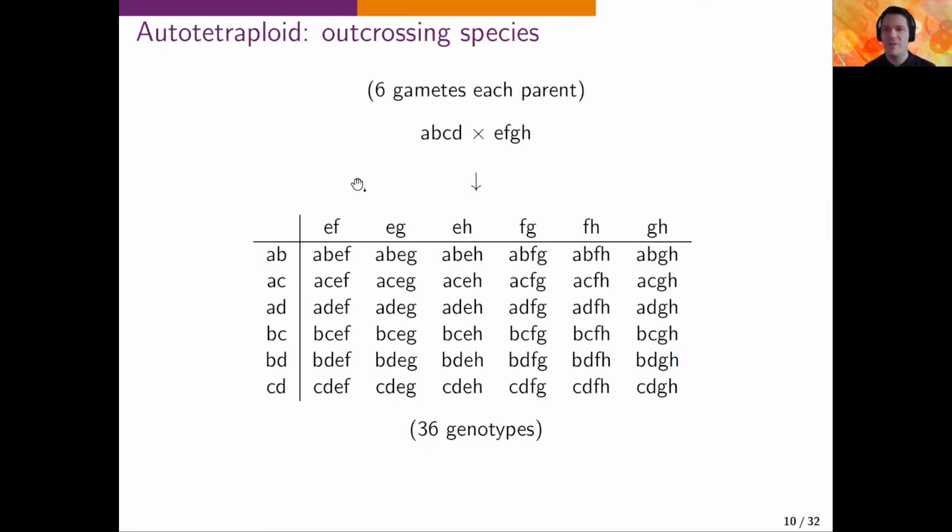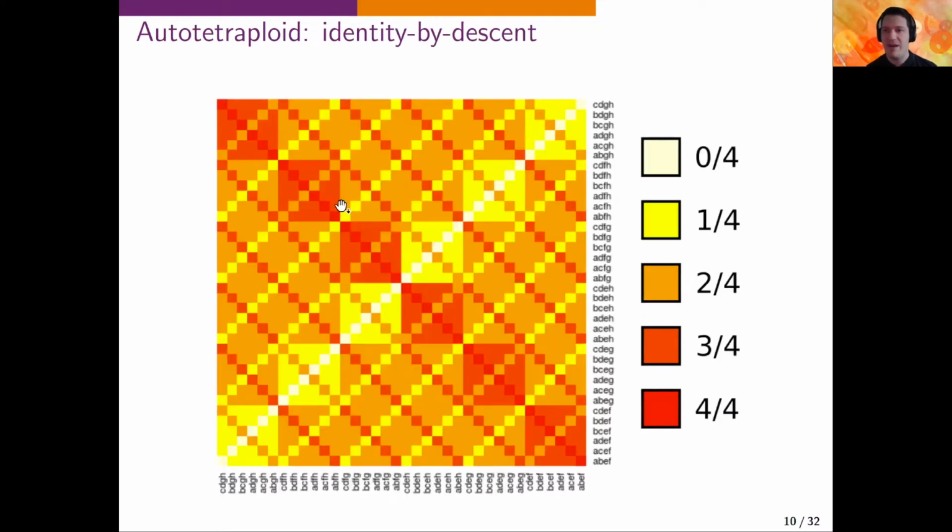In tetraploid species, we have 6 different gametes per parent and a total of 36 different genotypes. I'm not considering double reduction here. And a genotype pair can share 0, 1, 2, 3, or 4 alleles identical by descent, right?